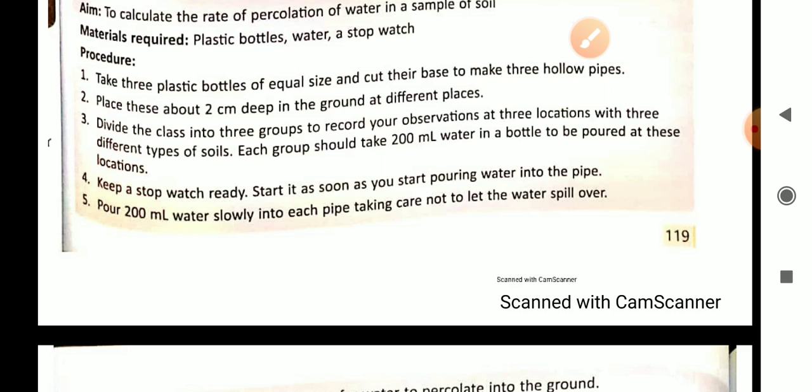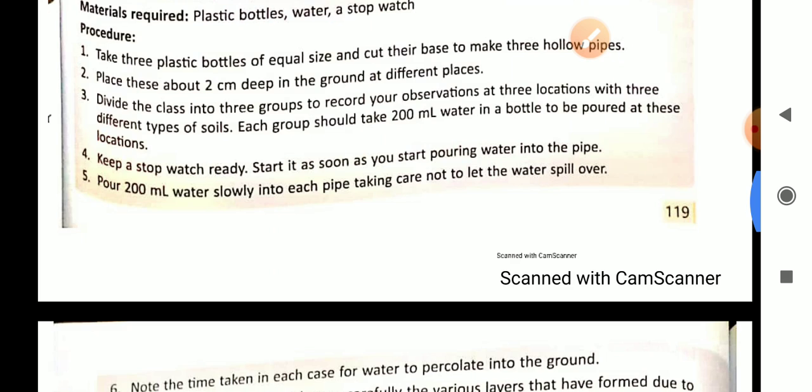Here it is said that we have to do the activity in the class, but as the school is closed, we are unable to do it in our school, in our class, so you can do it at your home. And place these 3 hollow pipes made up of plastic bottle in 3 different locations, 3 different places.